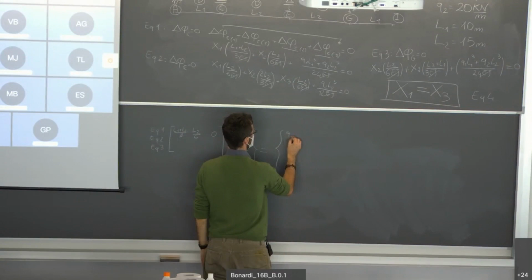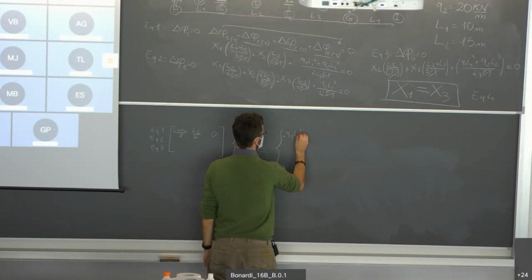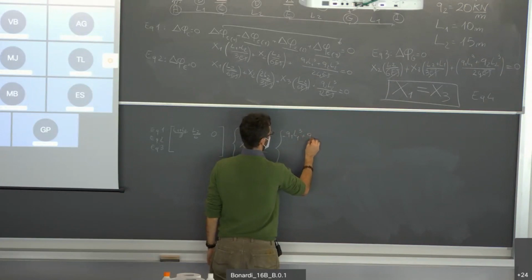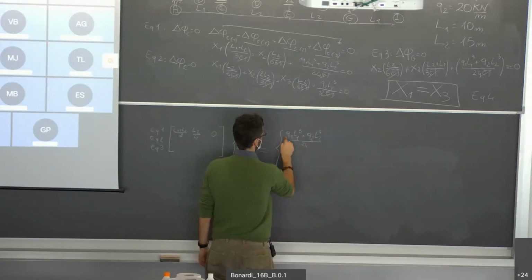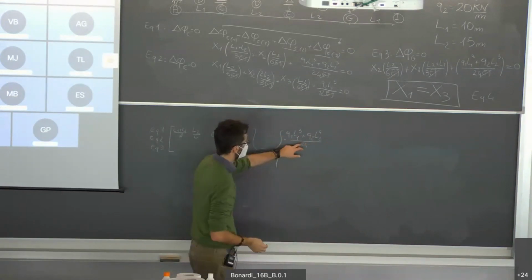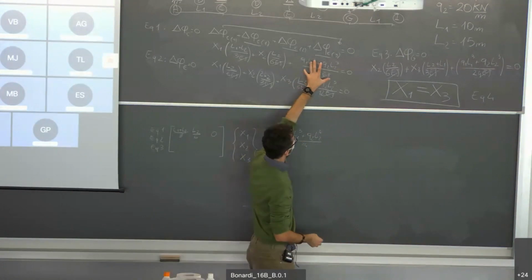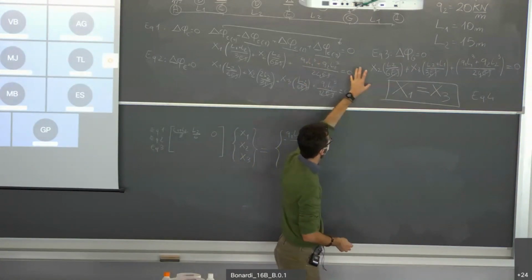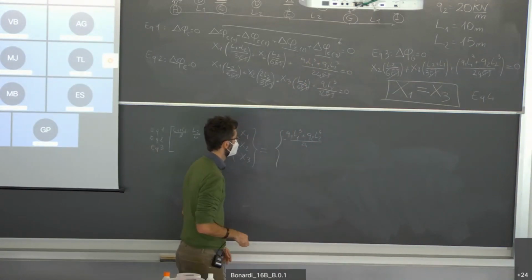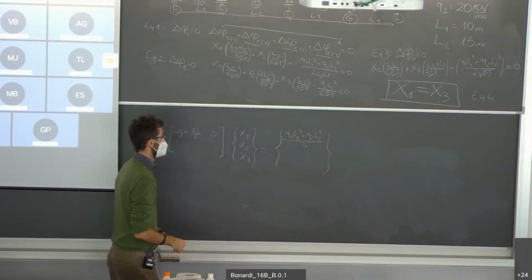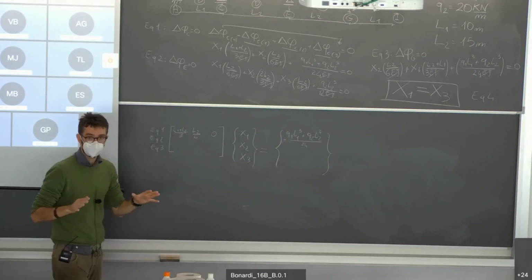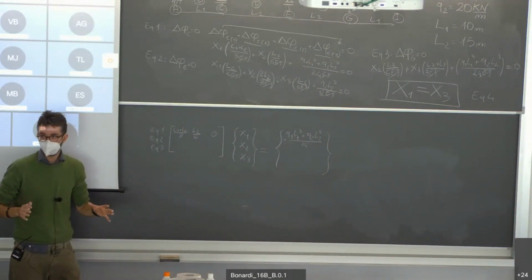And it is equal to minus Q1 L1 to the power of 3 plus Q2 L2 to the power of 3, over 24. And the minus multiplies everything because I have brought this to the other side. Okay, is it clear how this is built?